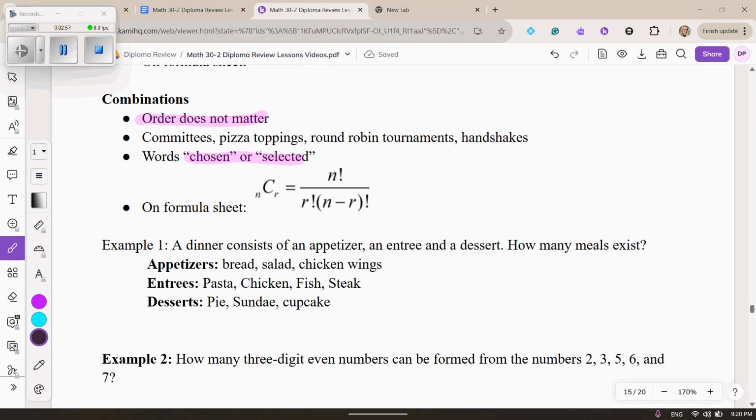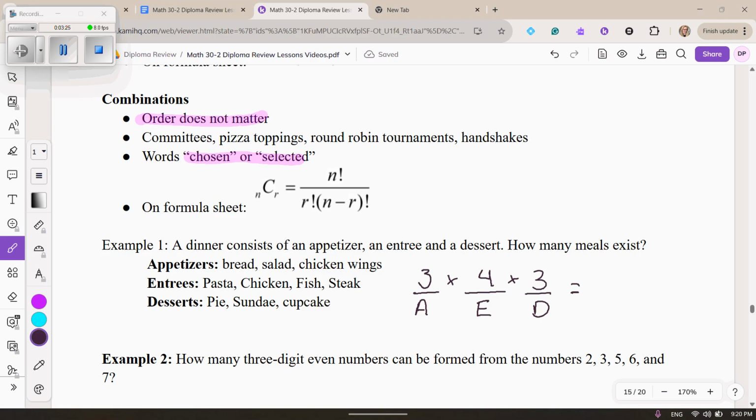Basically, we need to have an appetizer, an entree, and a dessert in our meal. So if we take the amount of appetizers, which is 3, and we multiply it by the amount of entrees, which is 4, and we multiply it by the amount of desserts, we will get the total amount.